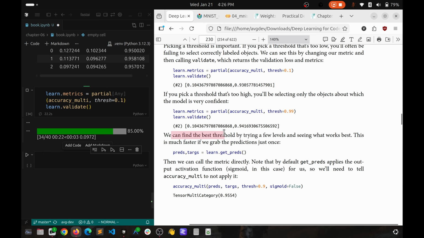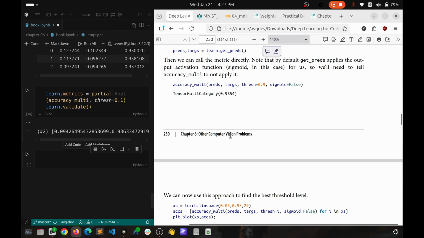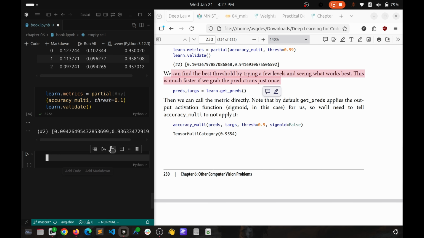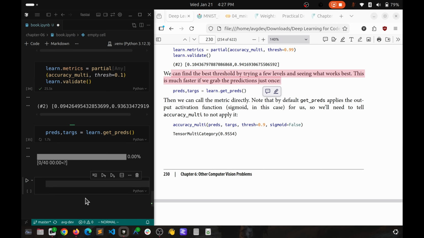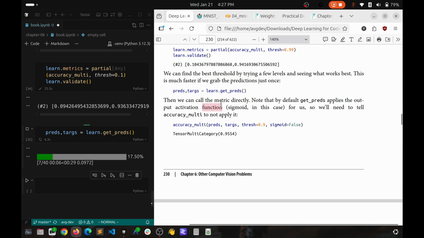So we can find the best threshold by trying a few levels and seeing what works best. This is much faster if we grab the predictions just once. Let's try that. preds, targs is going to be learn.get_preds, get predictions. And then we can call the metric directly. Note that by default, get_preds applies the output activation function, sigmoid in this case for us.